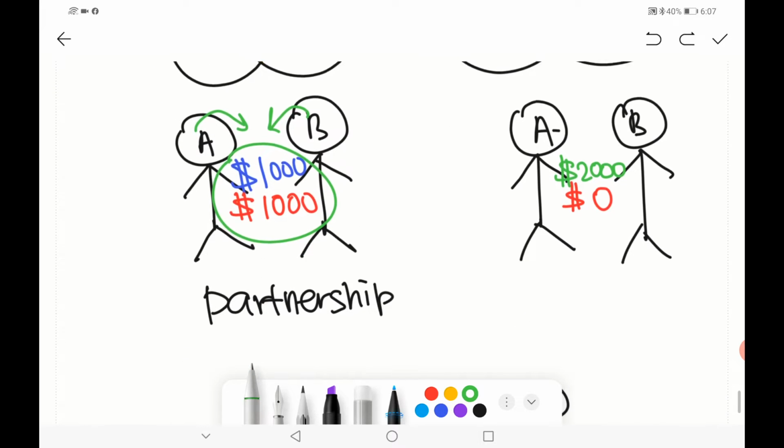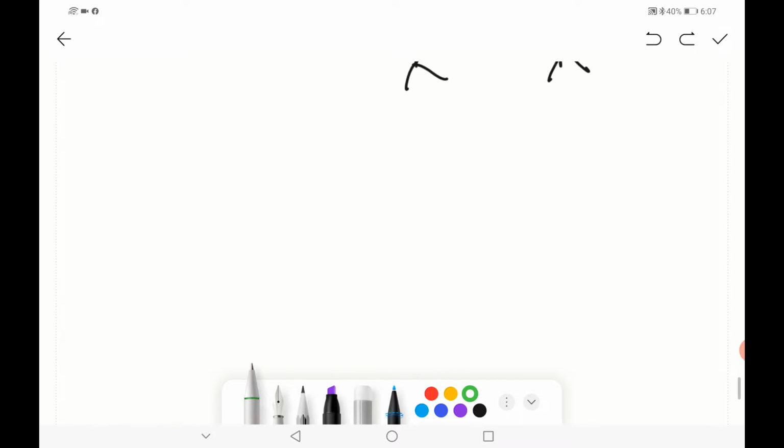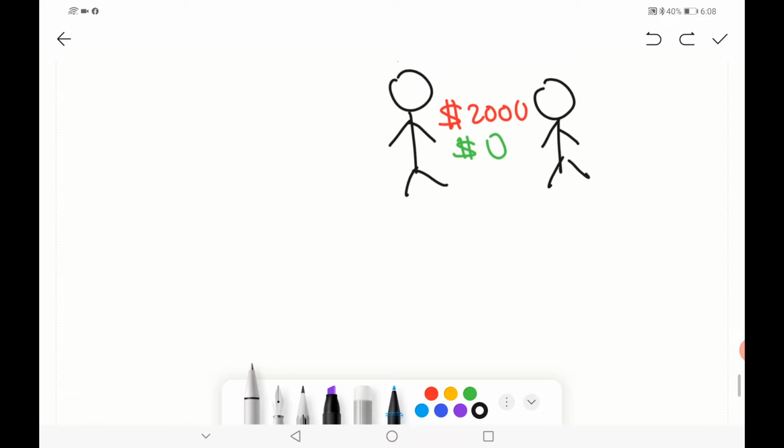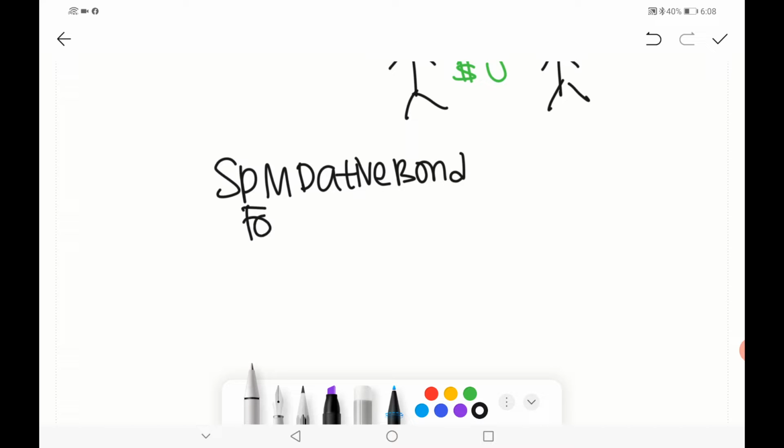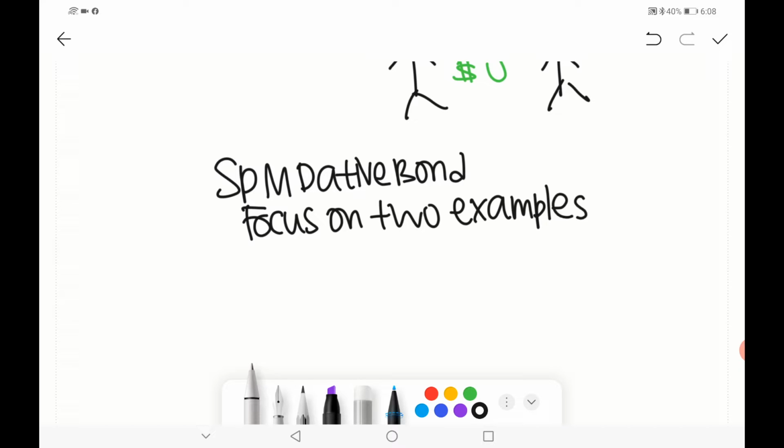Okay, now let's go on. I will show you a few examples of the dative bond. For your level, for SPM, you need to focus on 2 examples; only 2 examples will do for SPM.